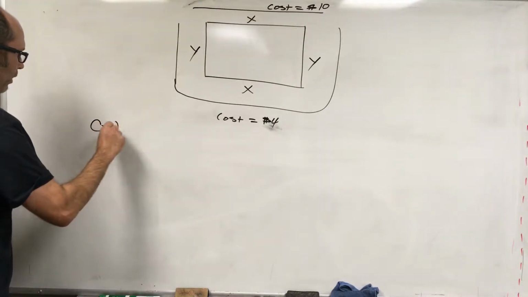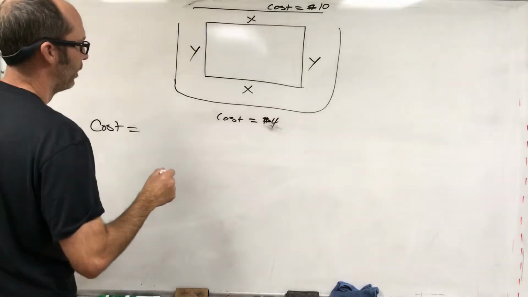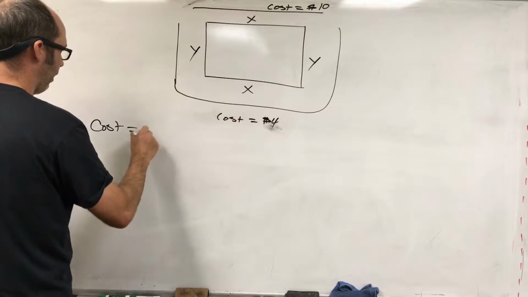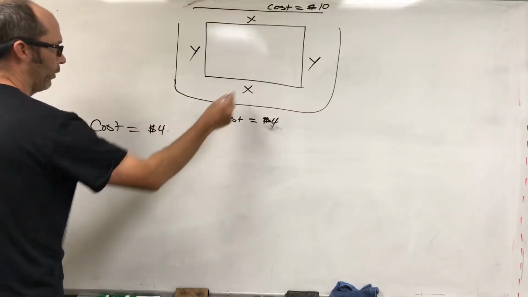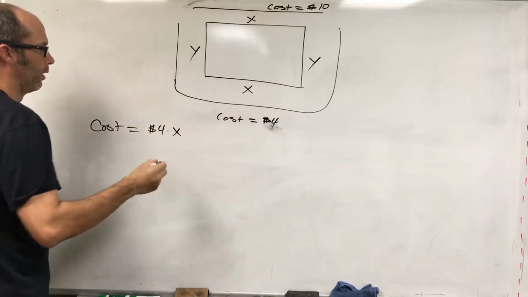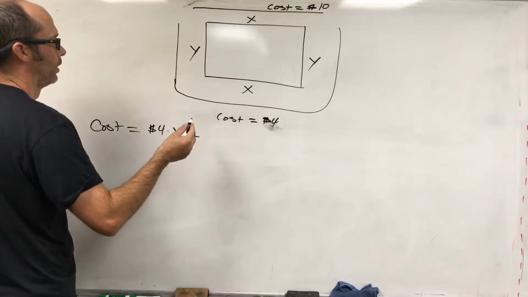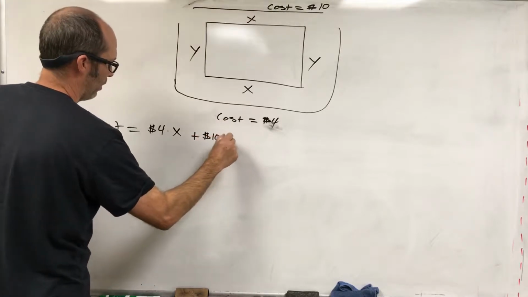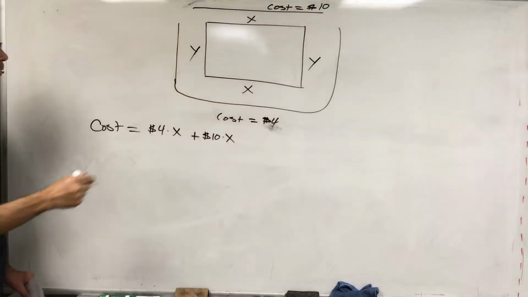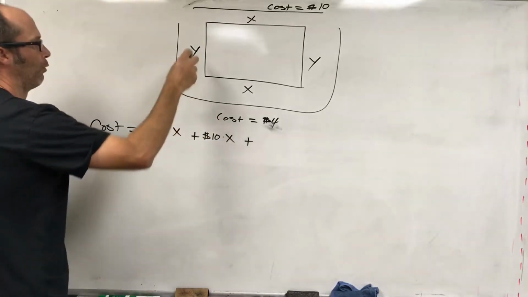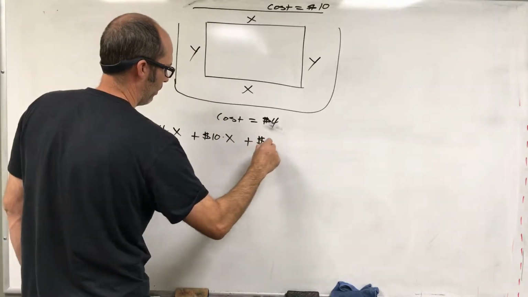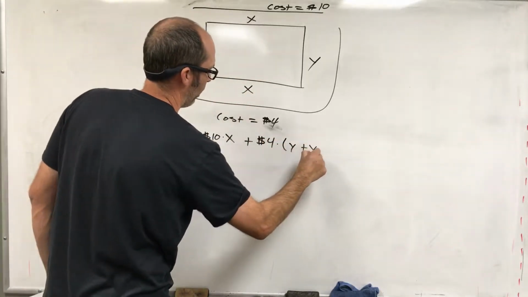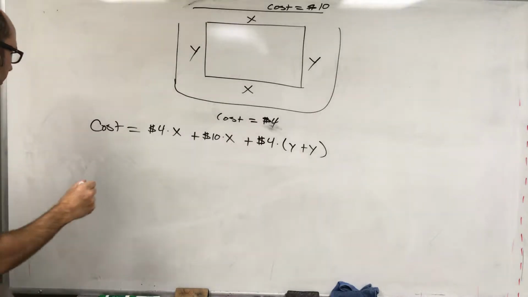Okay, so we first need to get an equation for the cost. So the cost is going to be $4 times X, for that X there, plus $10 for that X, plus $4 times Y plus Y. So Y plus Y. Okay.